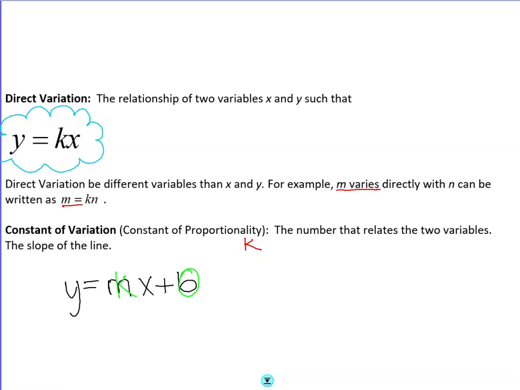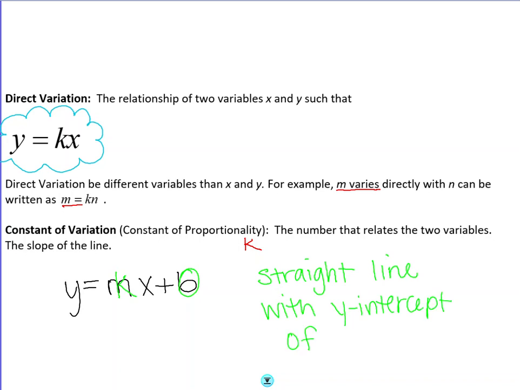So if we graph direct variation, we will have a straight line with a y-intercept of 0. That means the line will go through the point (0, 0).